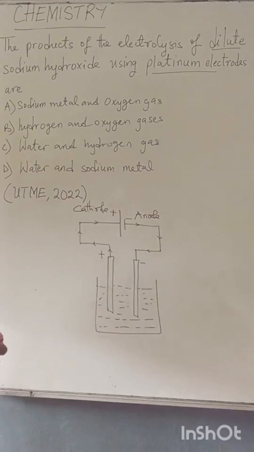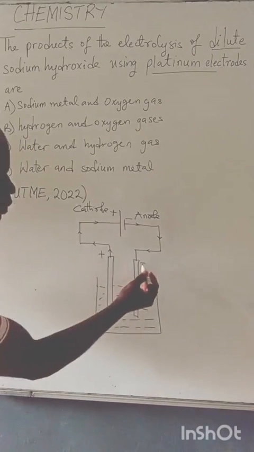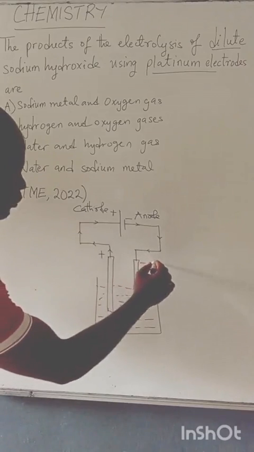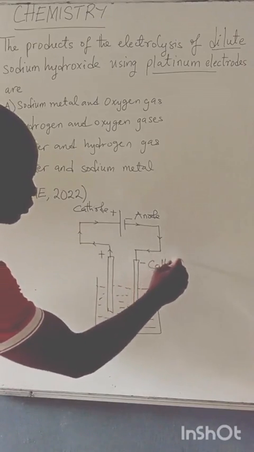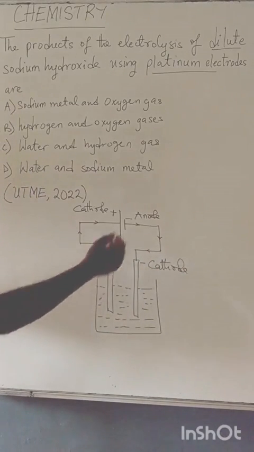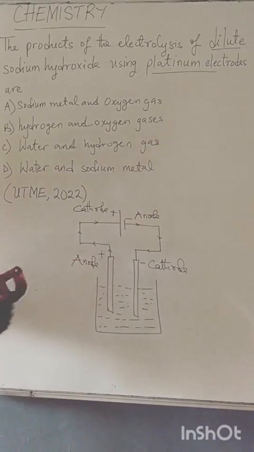But take note, in the naming of the whole electrolytic cell, this terminal that is negatively charged takes this name here, and this terminal that is positively charged takes this name here. I hope that will not confuse you.